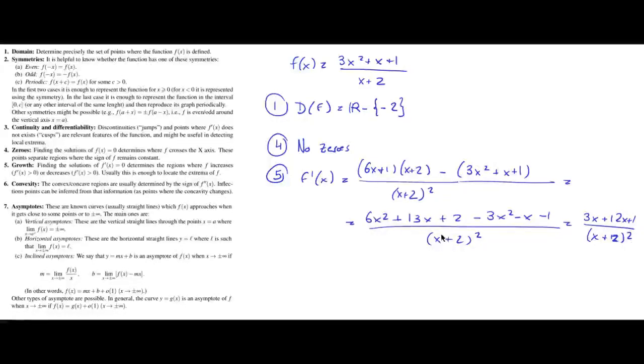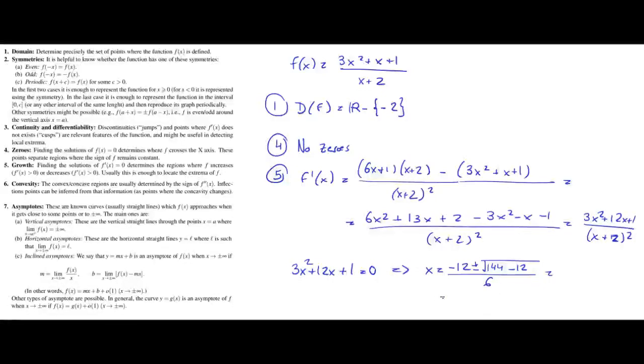Now the derivative is 0 whenever 3x squared plus 12x plus 1 is 0. We can find the roots of this: x equals minus 12 plus or minus the square root of 144 minus 12, over 6.